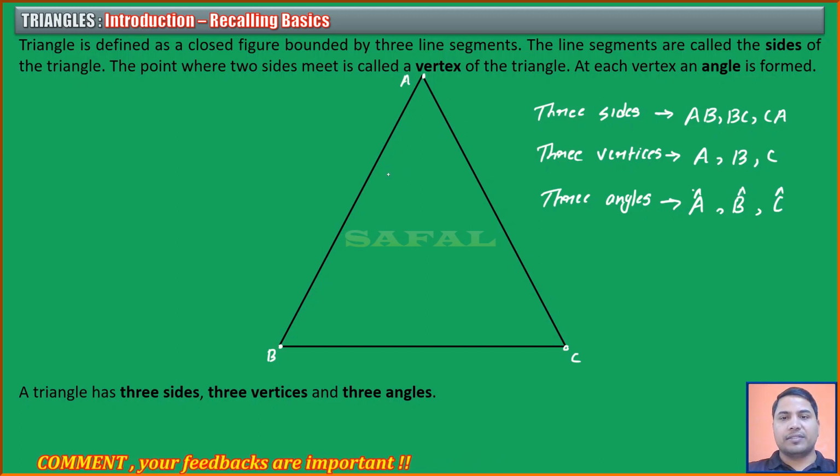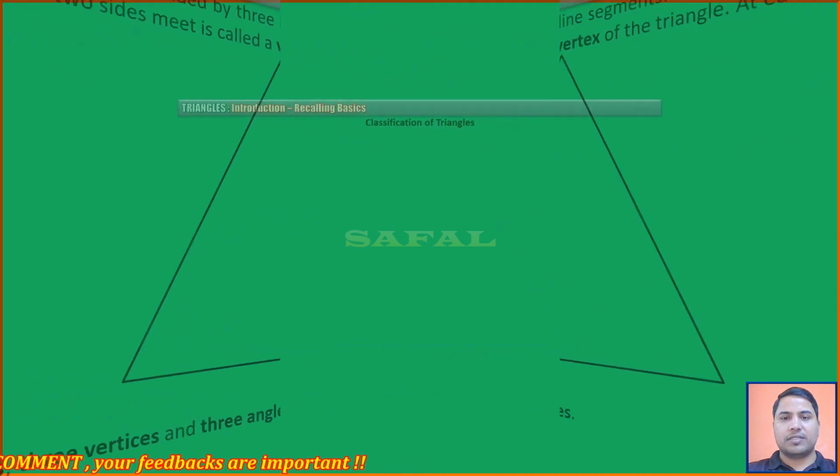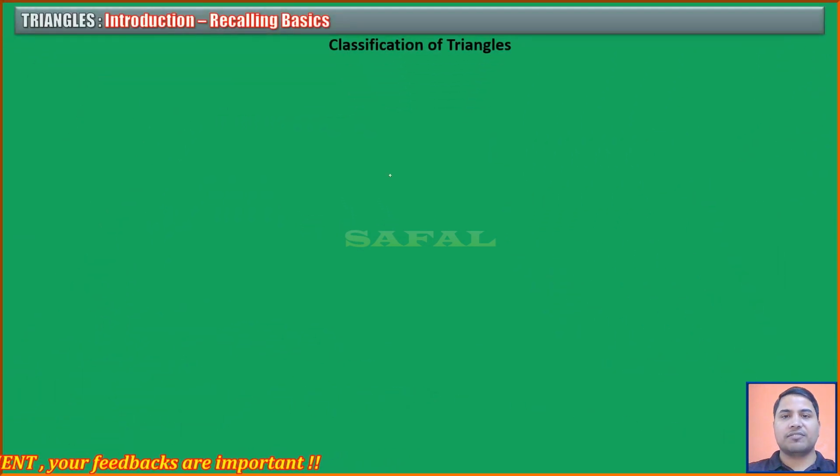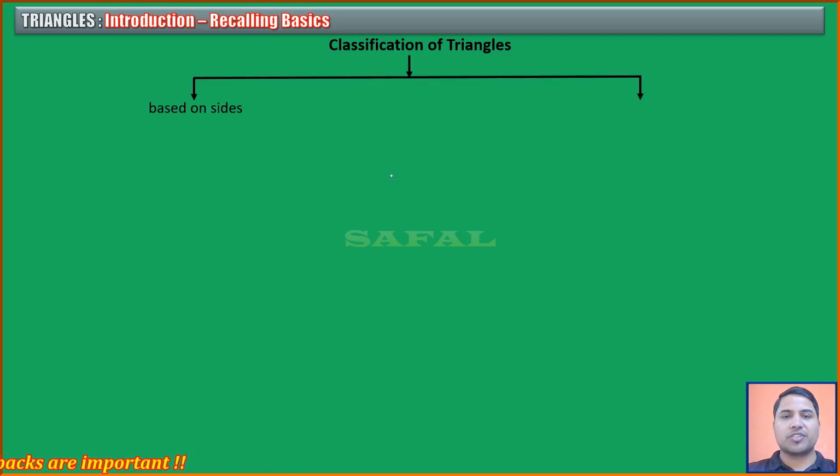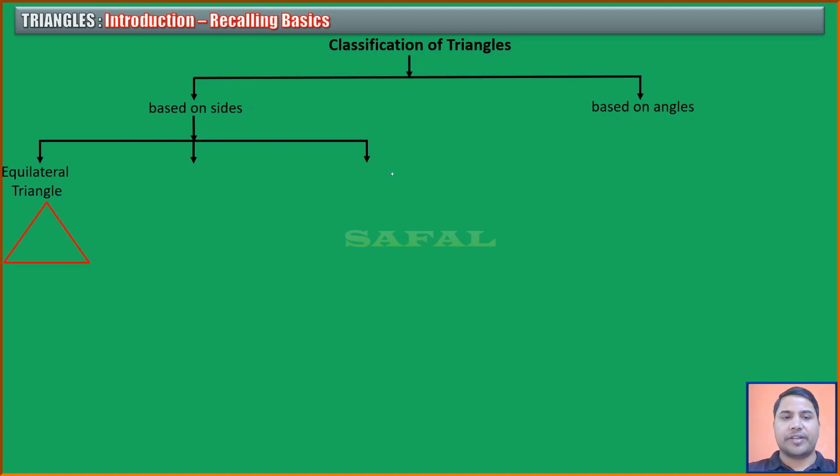Moving ahead, based on sides and angles, we have classification of triangles. Two classifications we have. The first one is based on sides and the second one is based on angles. If you are looking based on sides, three classifications we have under that. The first one is the equilateral triangle.